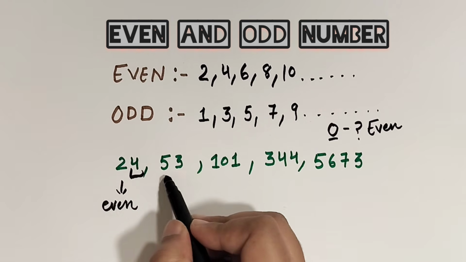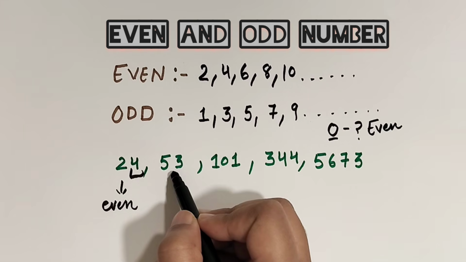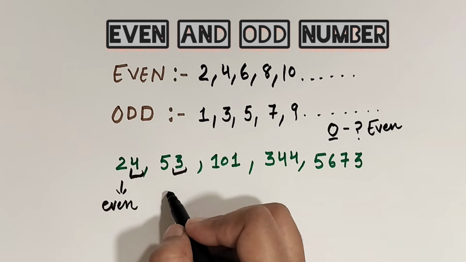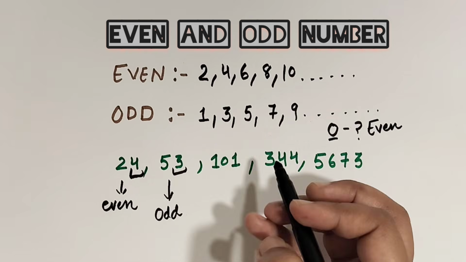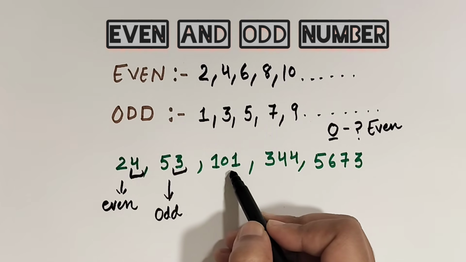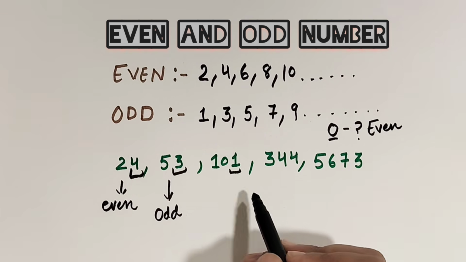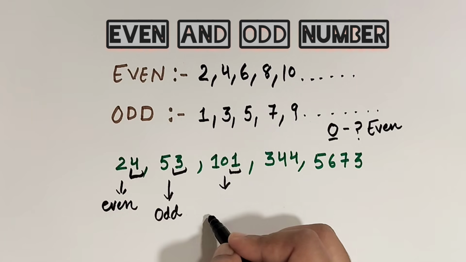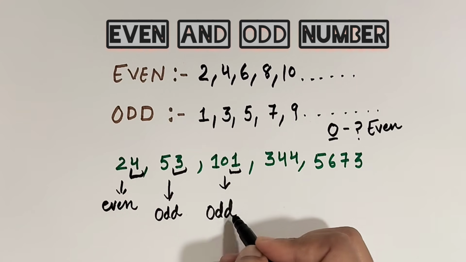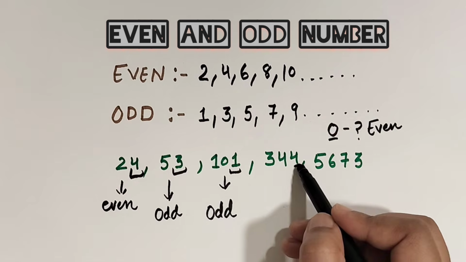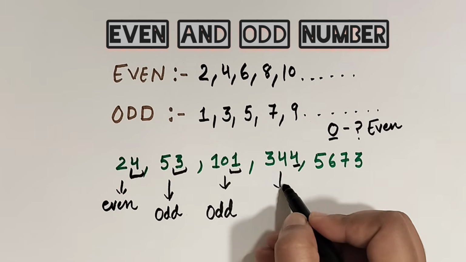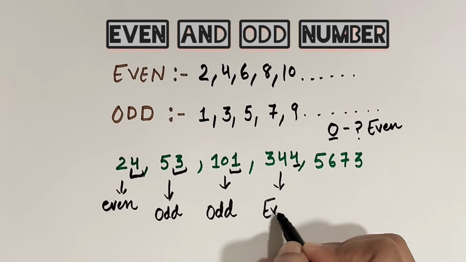Now we have 53 and the last digit of 53 is 3, which is an odd number. So 53 would be an odd number here. Now we have 101 and the last digit is 1, which is an odd number. So 101 would be an odd number. Then we have 344. So the last digit is 4, which is an even number. So 344 would be an even number here.